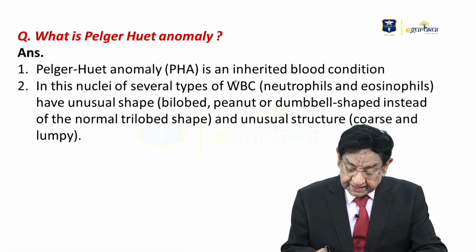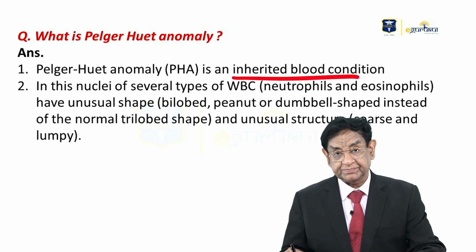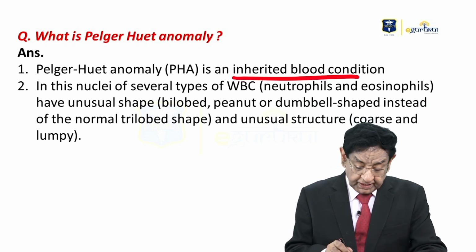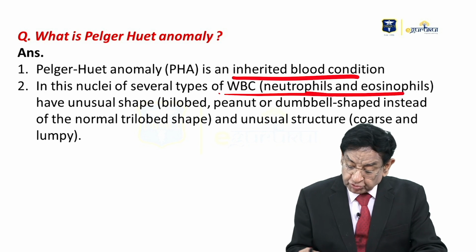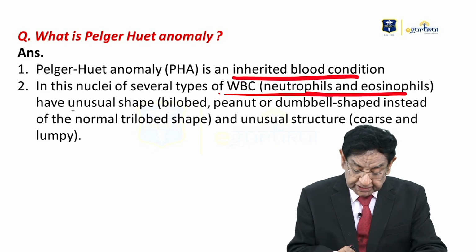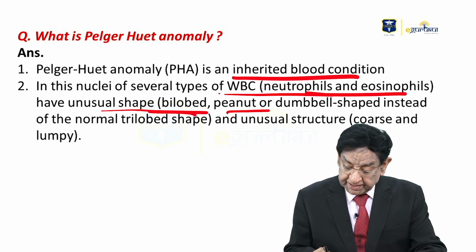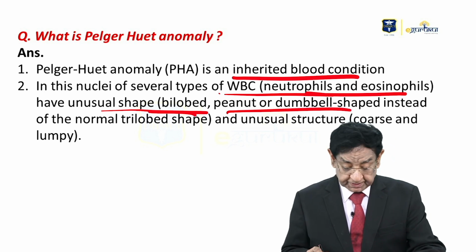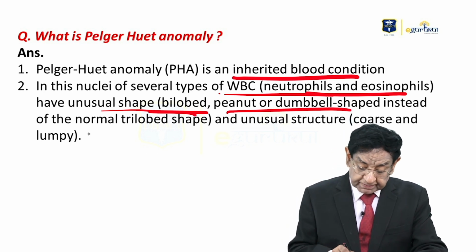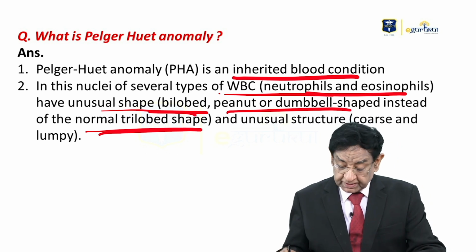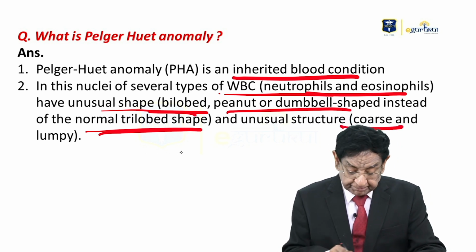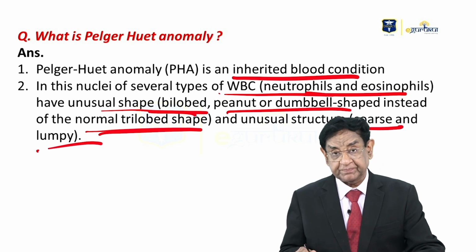Pelger-Huet anomaly is an inherited blood condition. The nuclei of several types of WBC, neutrophils and eosinophils, have an unusual bilobed, peanut or dumbbell shape. Normally they are trilobed or more, and here they are coarse and clumpy.